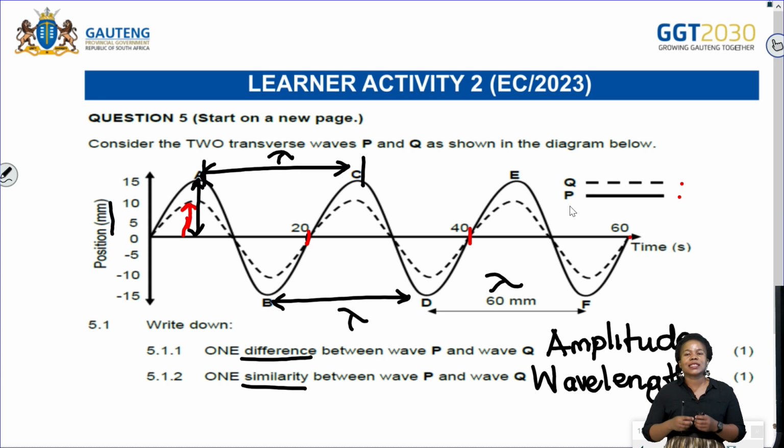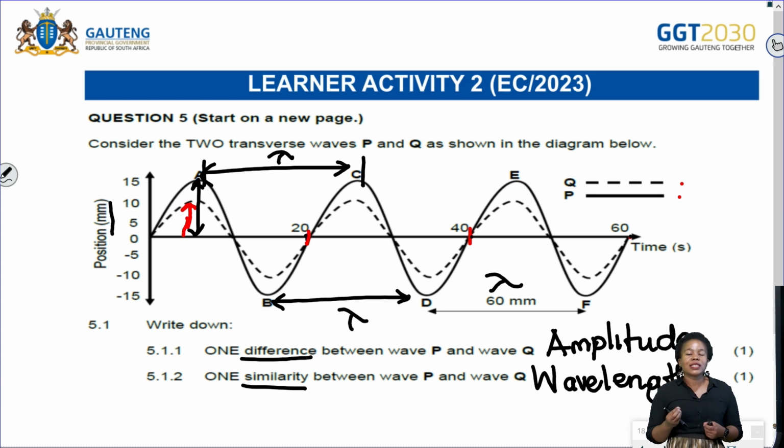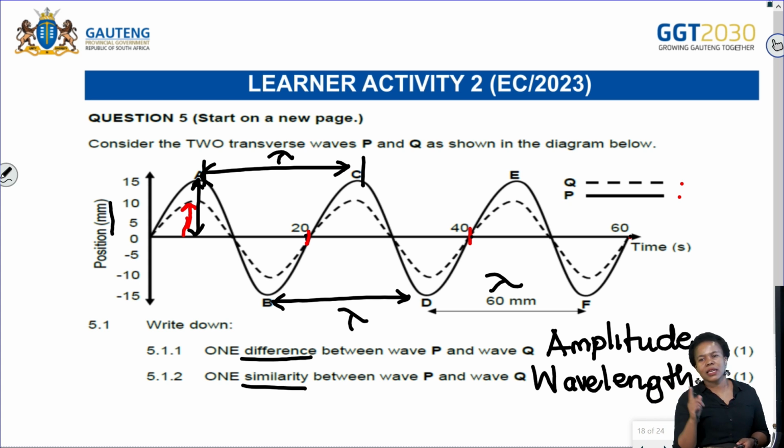Period is the time taken to complete one full wave. In this case, for us together, to complete one full wave in here, it will take us 20 seconds. Another 20 seconds, I'm completing another wave. Another 20 seconds, it's taken to complete another one full wave. So the time taken to complete one full wave is therefore 20 seconds. Why am I saying 20 seconds? Because here is in seconds.